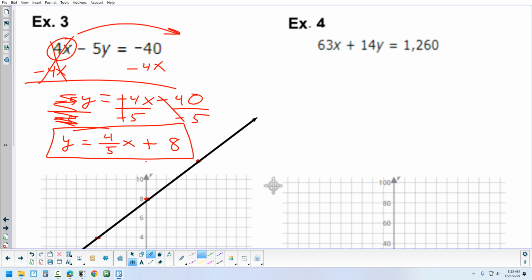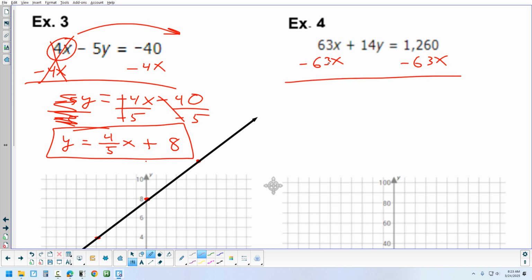Okay. Anyone think they can tell me what my first step is going to be on example 4 to get the y by itself? Yeah. Subtract x. And what are you going to subtract from both sides? 63x. Yep. That's the first thing we do.